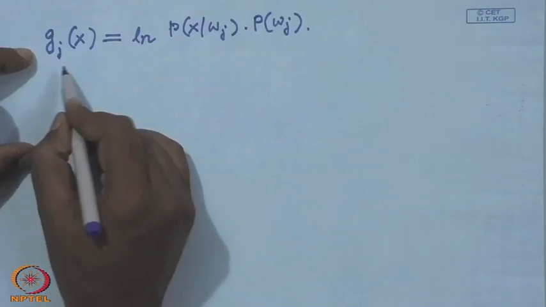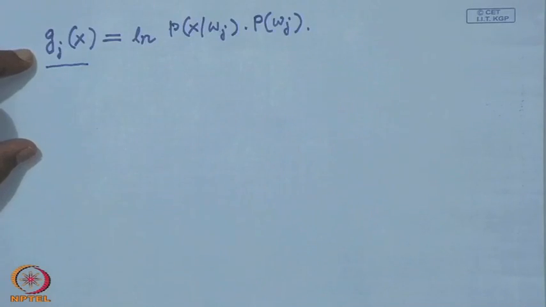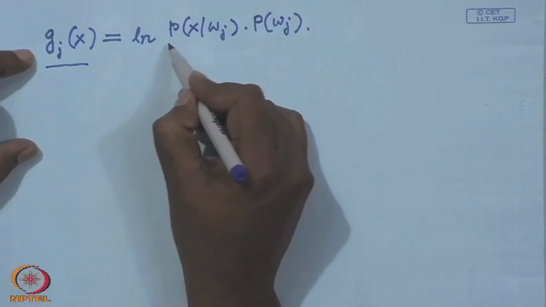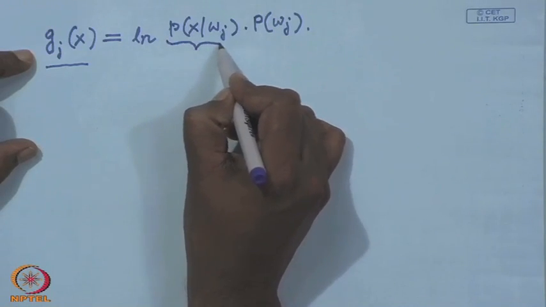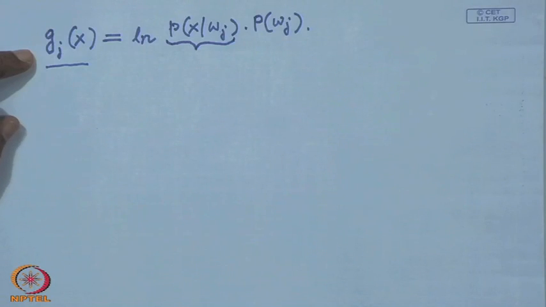When we found the expressions for g of x, the discriminating function, we assumed that p of x given omega j, the class conditional probability density function, follows a predefined form, a Gaussian distribution or normal distribution.